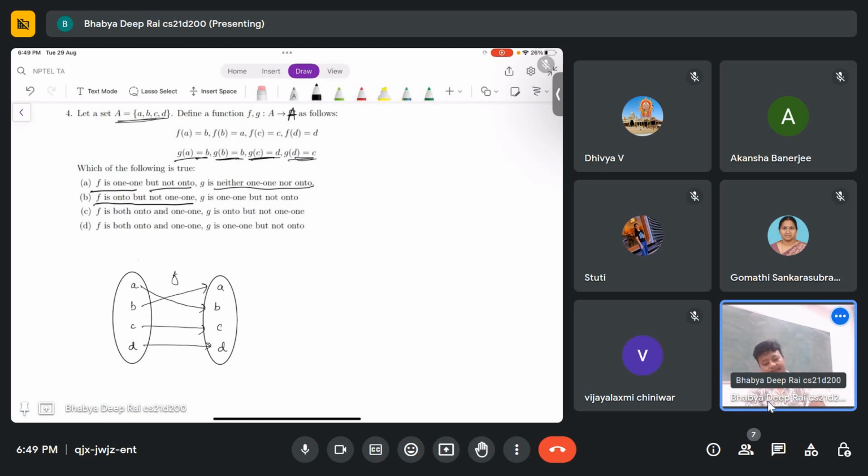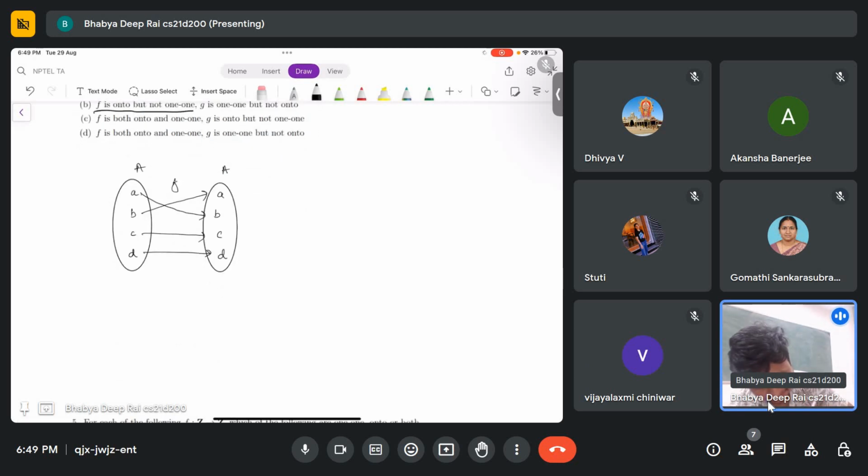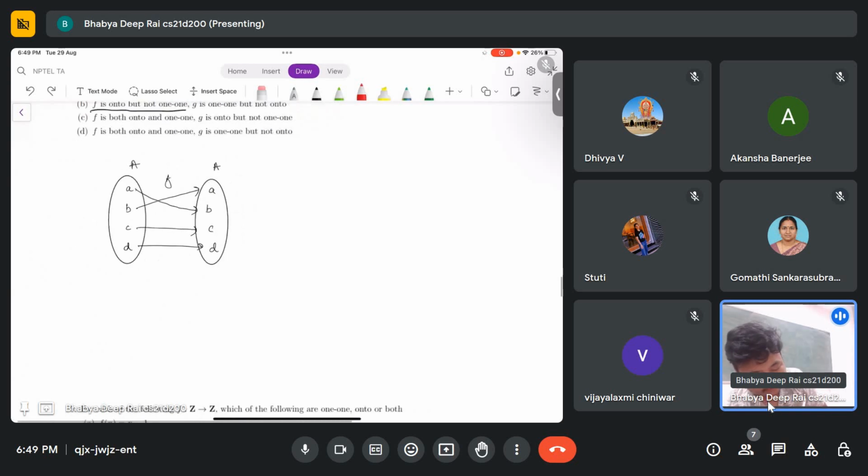This is function f. So what do we observe here? Is it 1-1? Yes, it is 1-1 because two inputs mapping to the same output is not happening.